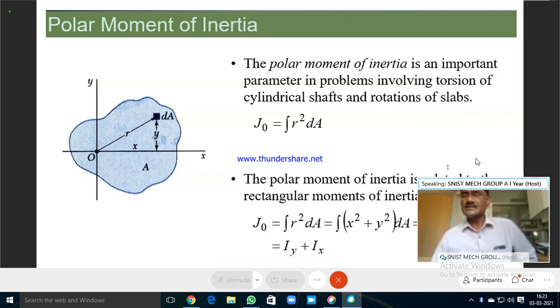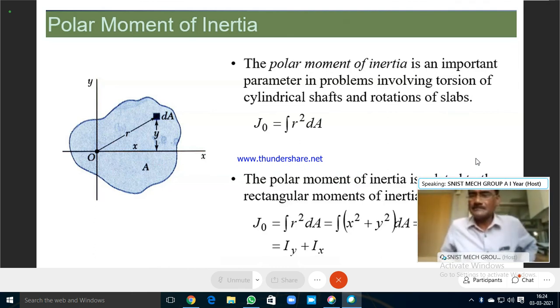The difference is you are calculating the moment of inertia about the x-axis and y-axis. You see that x and y both are lying in the plane of area. You see that the z-axis is not lying in the area. Area is in the xy plane. Z is perpendicular. That means polar means it is about an axis perpendicular to the plane of area.